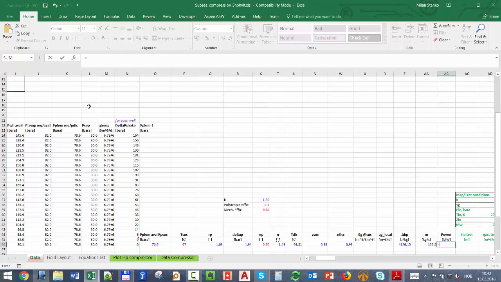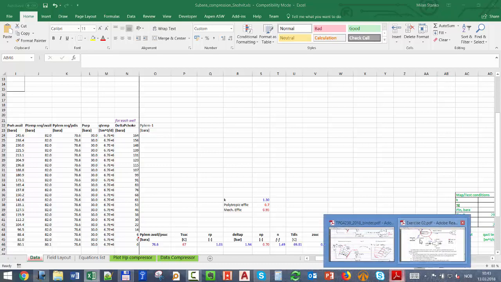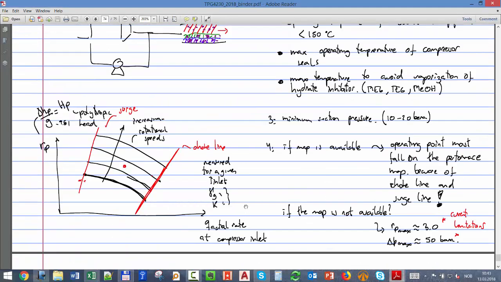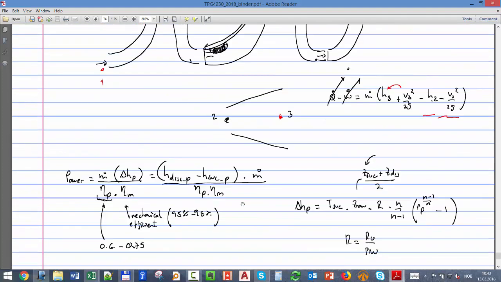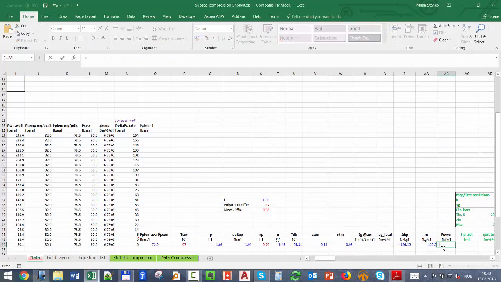Finally, the power, we go to our formula we showed yesterday in class. It's the mass flow times the polytropic enthalpy difference divided by polytropic efficiency and mechanical efficiency. Okay, so finally we will see if we can pump that or not. So here we have M times H divided by this efficiency times the mechanical efficiency, which is here.